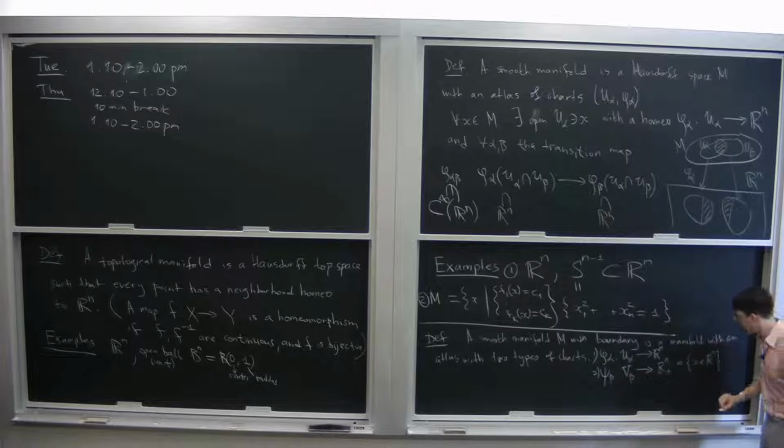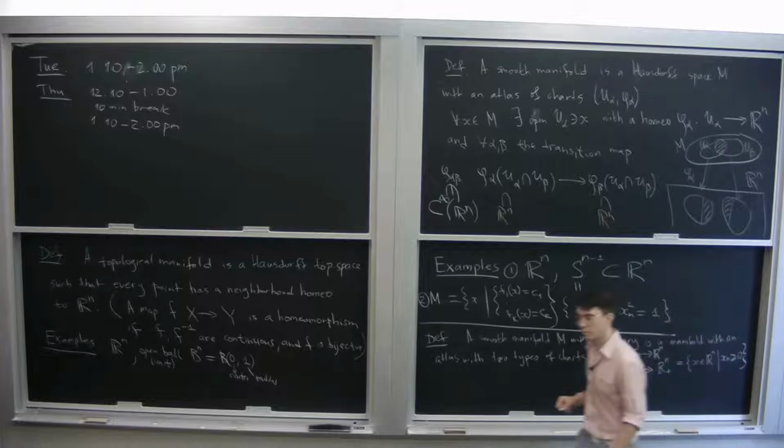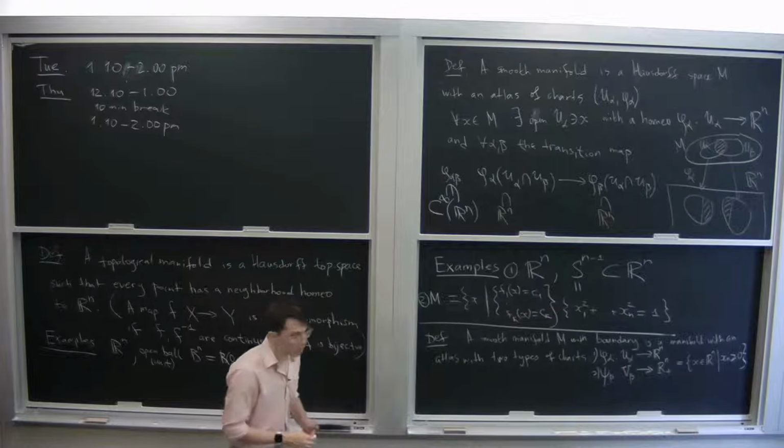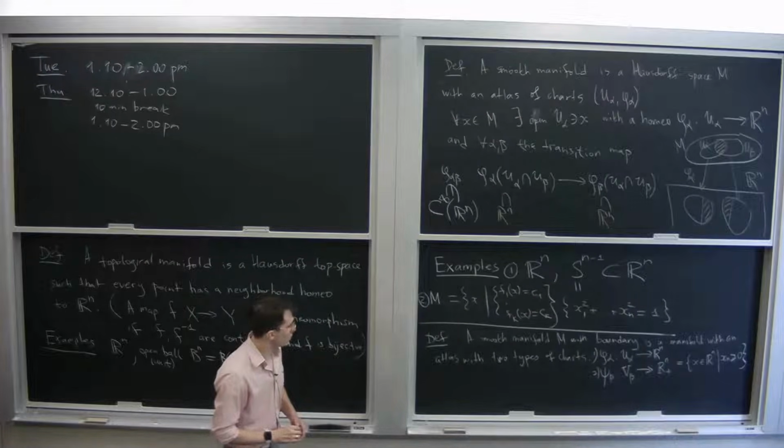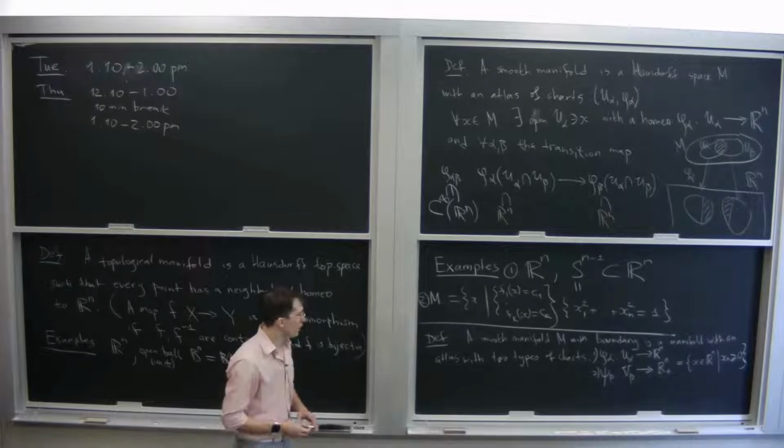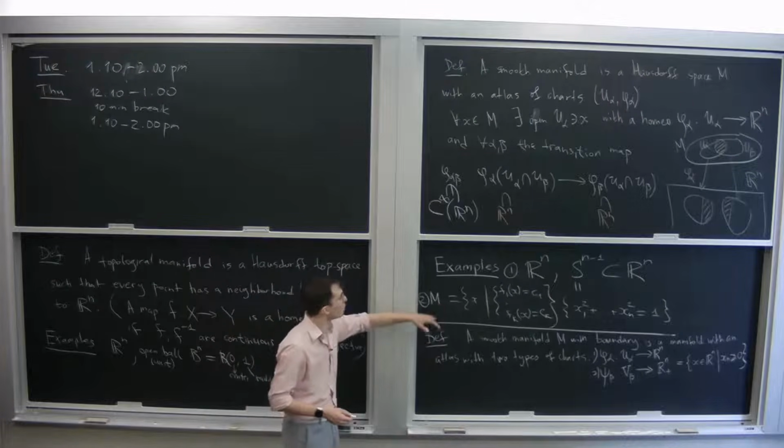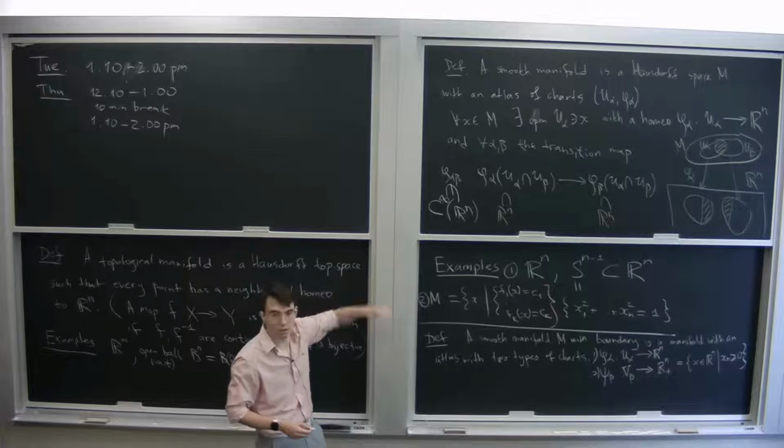It is a half space, so the last coordinate xn is greater than or equal to 0, right? So this is my second type of charts.